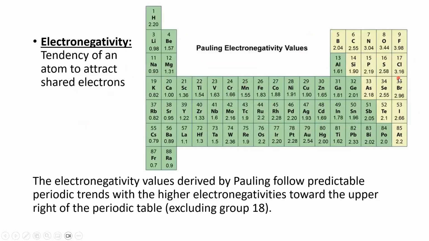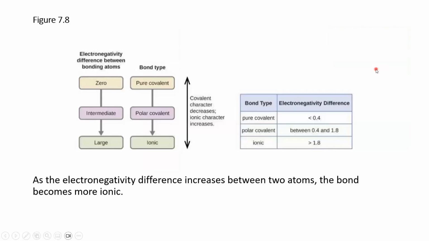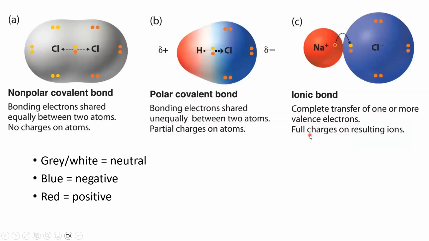If we go back to the table, chlorine 3.16, hydrogen 2.2. So we've got a difference of about 1 there, right in the middle of our polar covalent category. So it makes sense that we see chlorine be partially negative. It's pulling those electrons in more, which means the hydrogen, in order to balance it, has to be partially positive. And now with the sodium chloride, kind of the same idea.